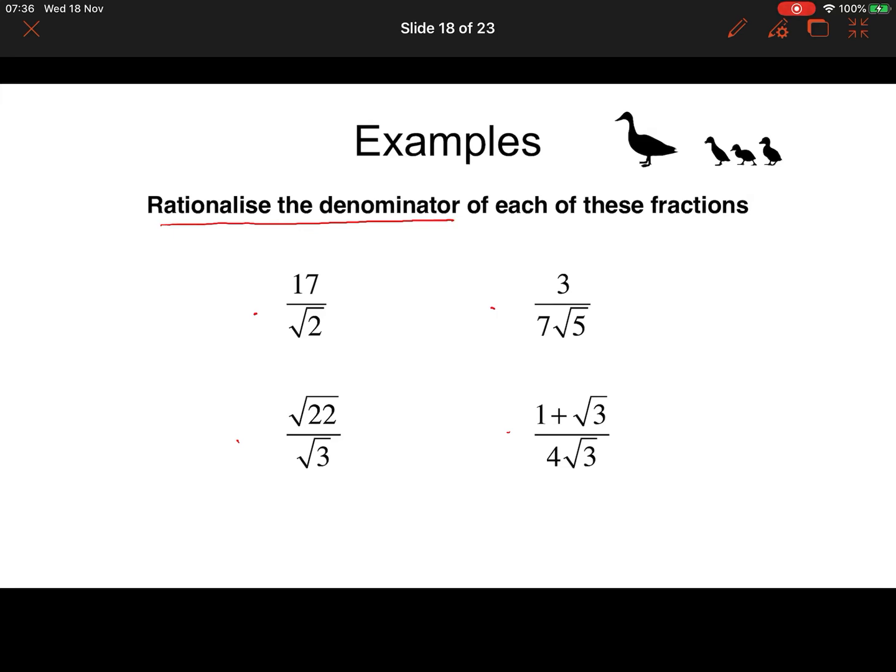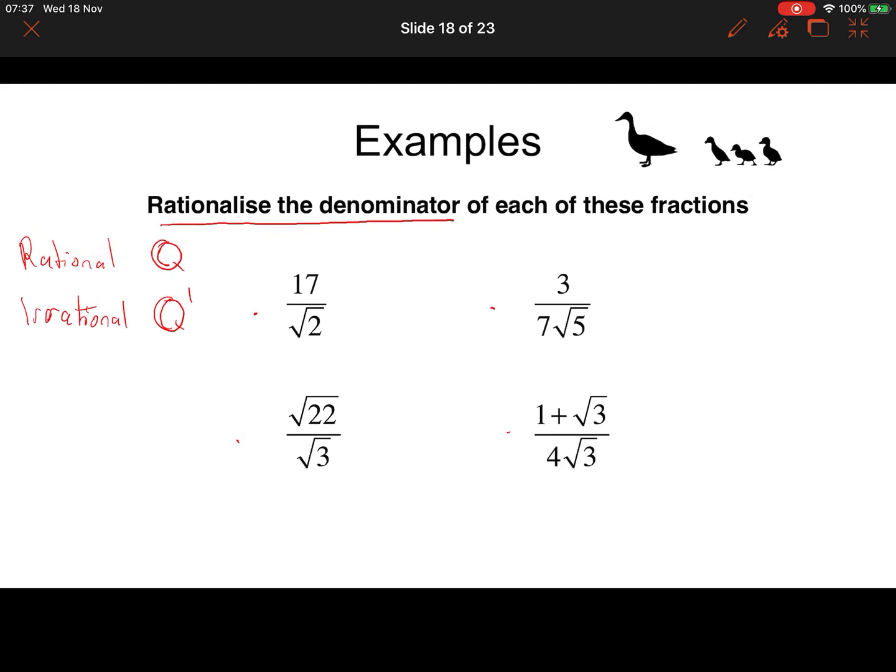Now, remember when we did sets and Venn diagrams, we talked about the idea of rational and irrational numbers. And we said we use this notation: Q for a rational number and not Q for an irrational number.